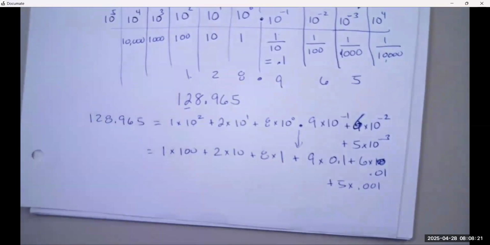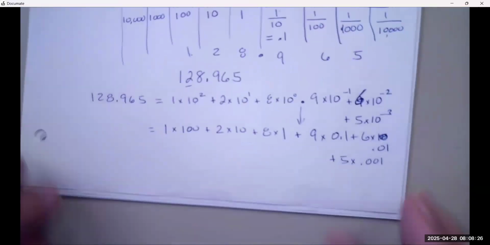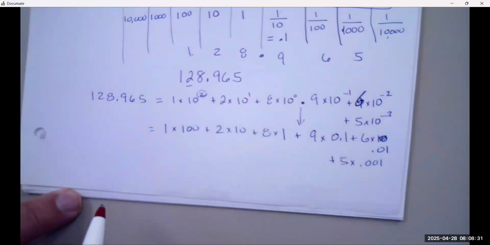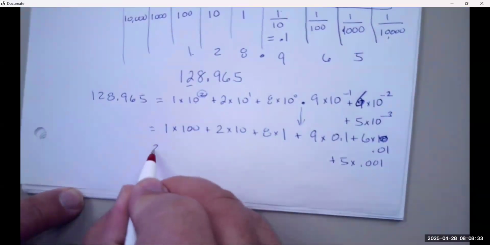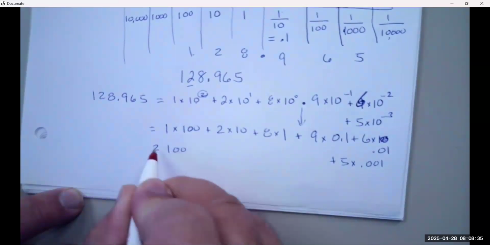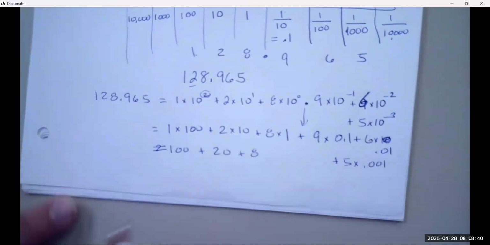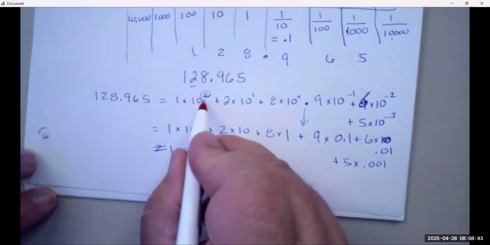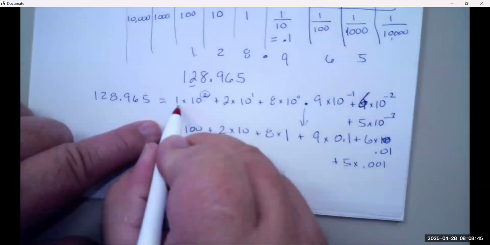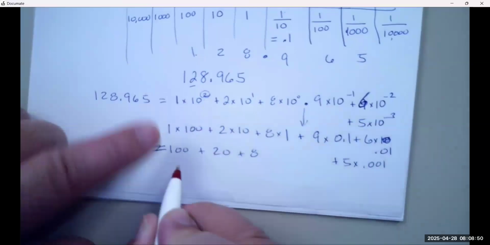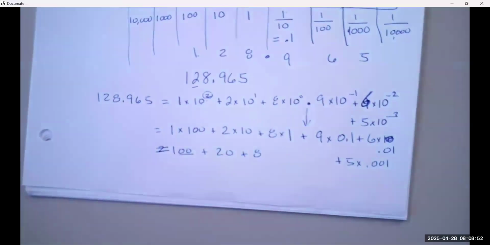now, what am I trying to show here? If the power of your exponent is positive, that means after you do the multiplication, you have that many zeros going to the right.